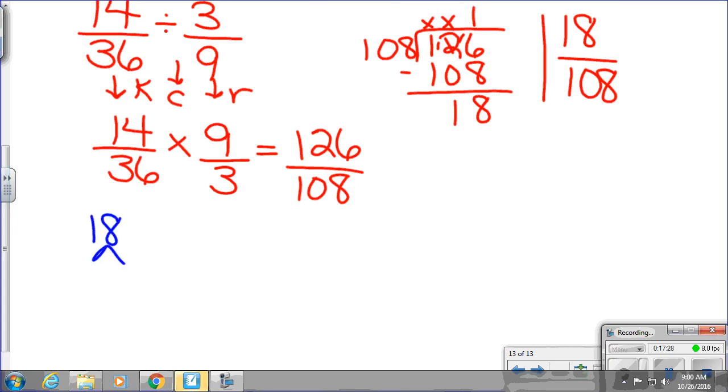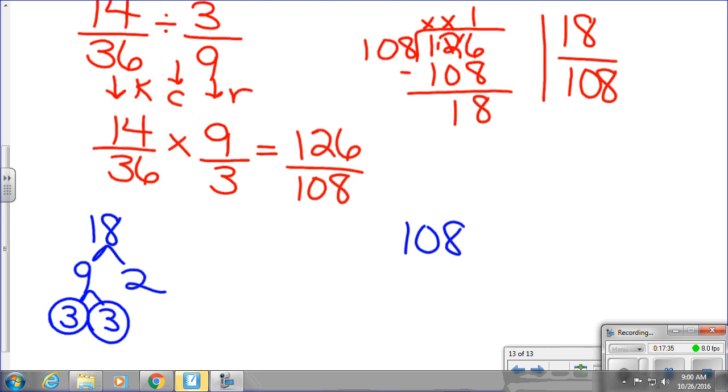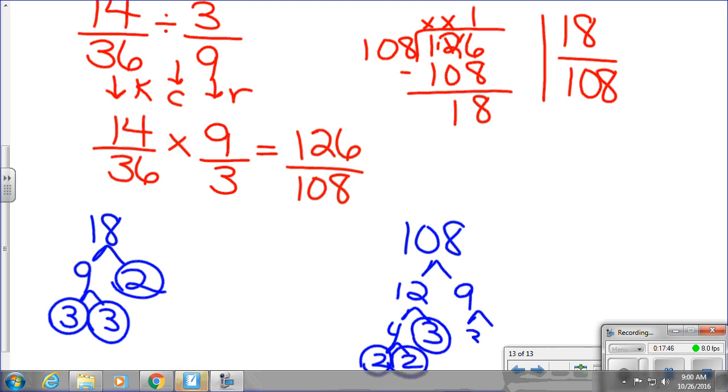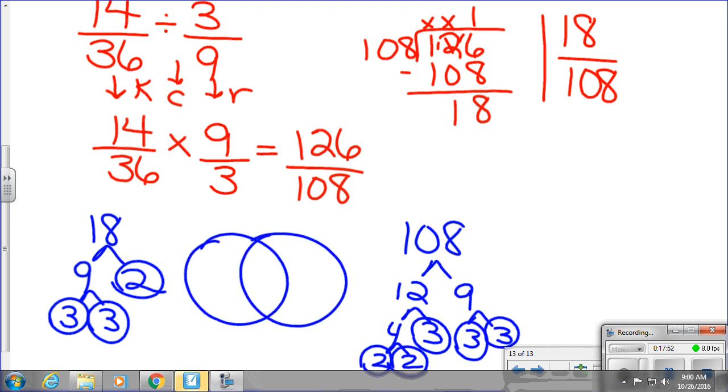So I'm going to simplify it myself up here. Okay, so your new numerator is what?